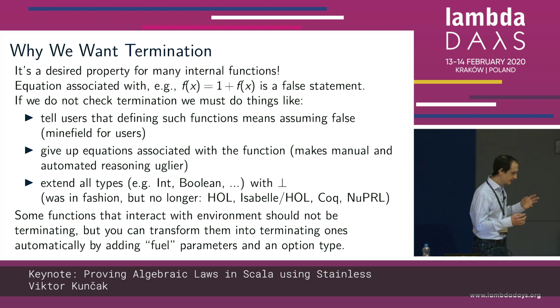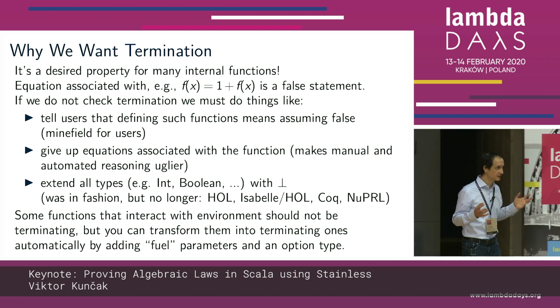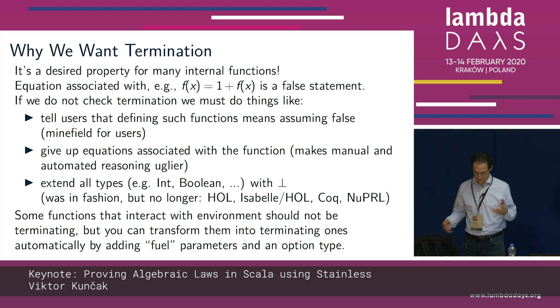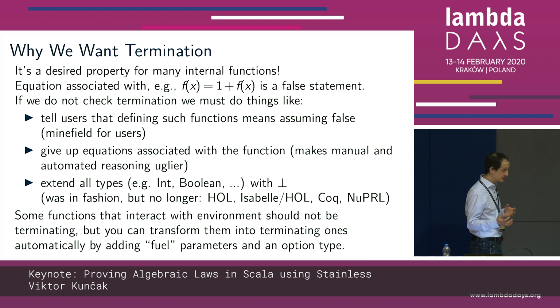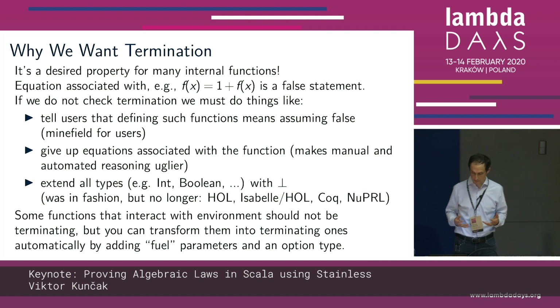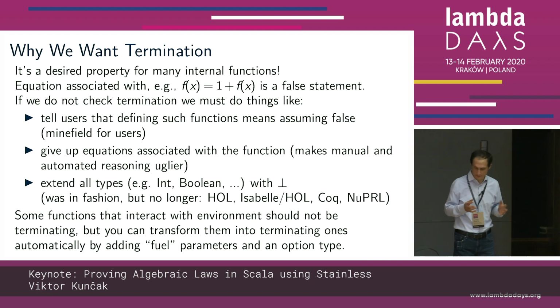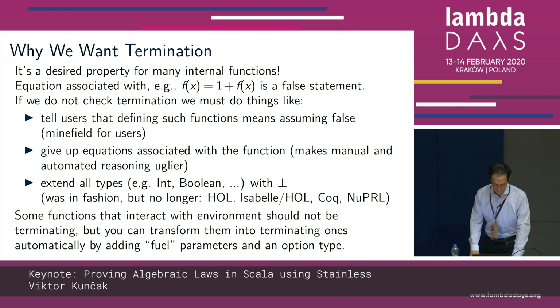Now, of course, not all functions should be terminating. But if you have some piece of code that interacts with the users, with the environment, it might well not be terminating. But then probably it will not be a pure function, right? So you will already be running it in some sort of monad if you look at it semantically.